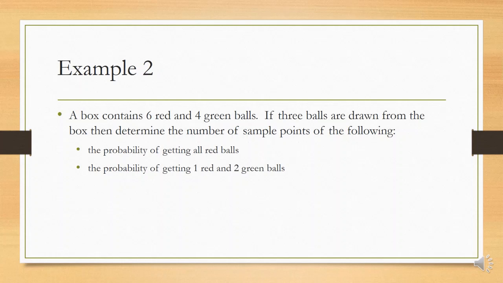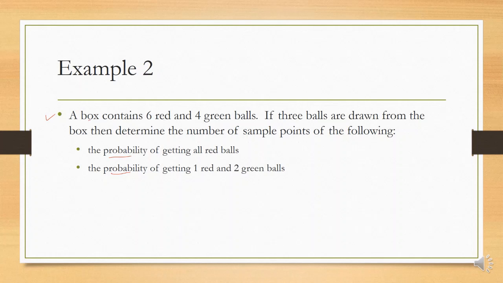Let's have the next example. If you remember this problem, it is the example from the previous discussion, example 3 on our sample space. Now, this time, the probability is what is being asked. Let us repeat our techniques when we have a box that contains 6 red and 4 green balls.